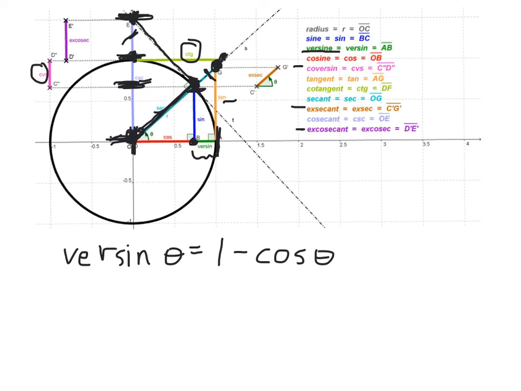And let's see, there probably are some other interesting little trig functions that have been defined, but like I said, I've never dealt with even versine or haversine or any of those.